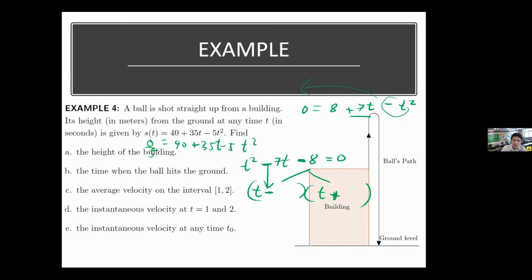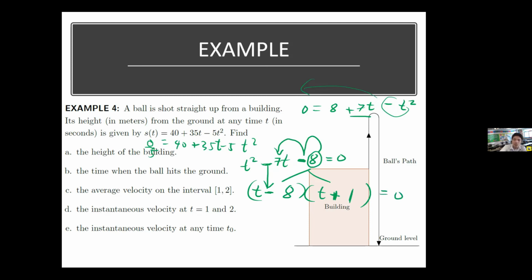Factors ni 8 nga pag i-minus ma 7. Unsay number nga pag i-multiply nimo 8 pero pag i-minus nimo 7. That's 8 times 1, 8. 8 minus 1 is 7 man. So mao ni atong factors.